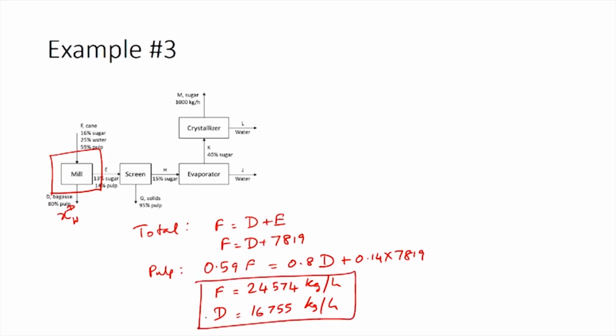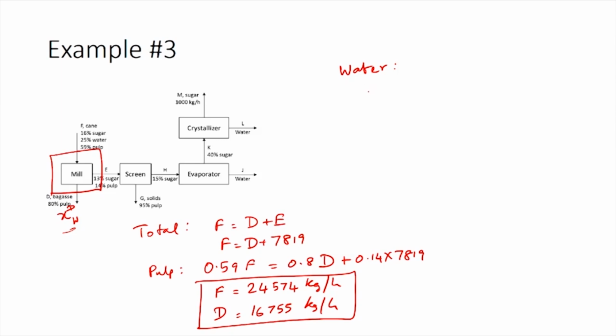We still need to calculate the composition of the stream D, which is basically the amount of sugar leaving through stream D. For that, we will use the assumed mass fraction of water, and let us write a water balance for the system mill.